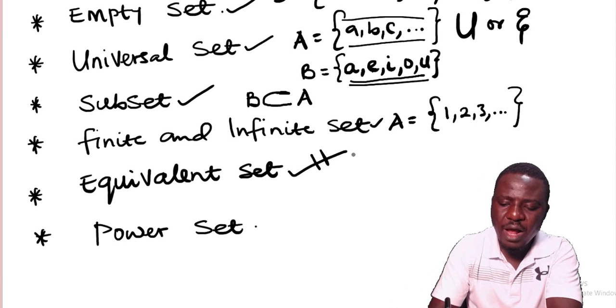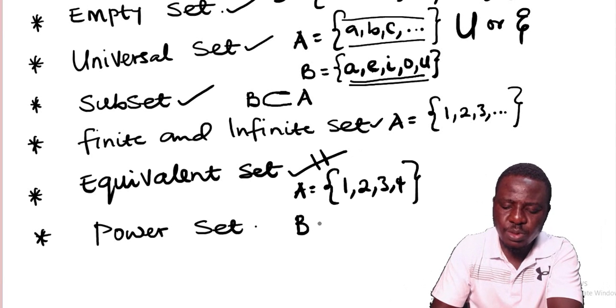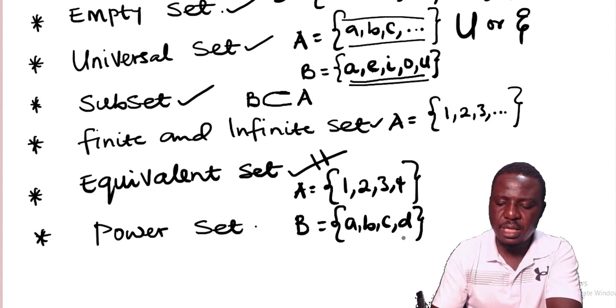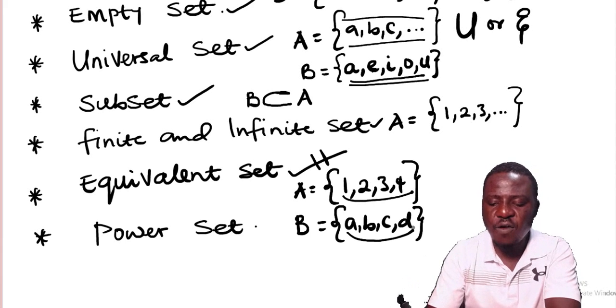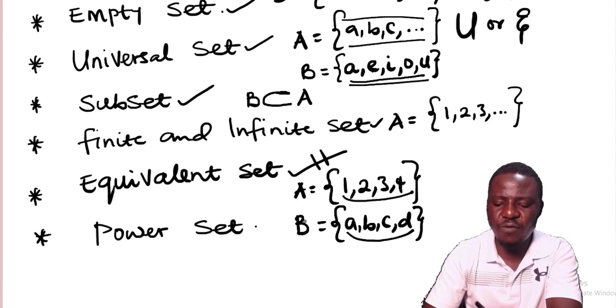For example, we have set A made up of 1, 2, 3, and 4, while set B has elements A, B, C, and D. For the fact that in set A we have 4 elements and set B equally has 4 elements, sets A and B are said to be equivalent.